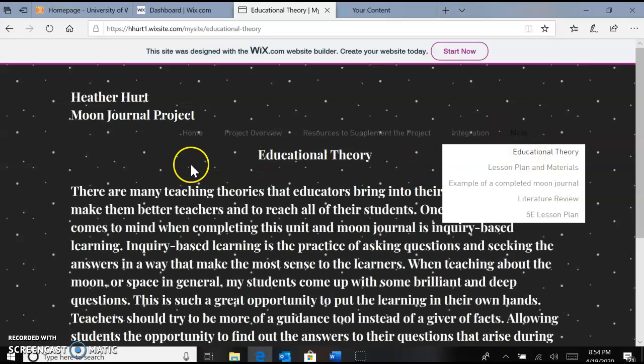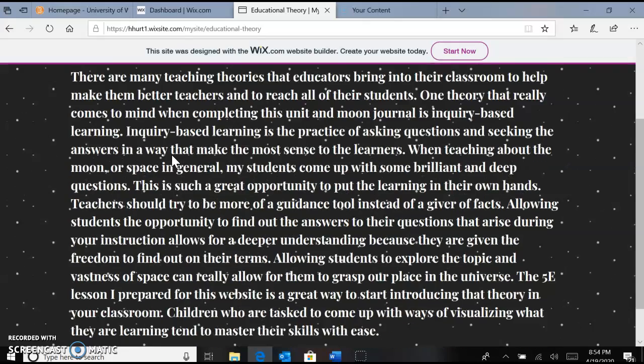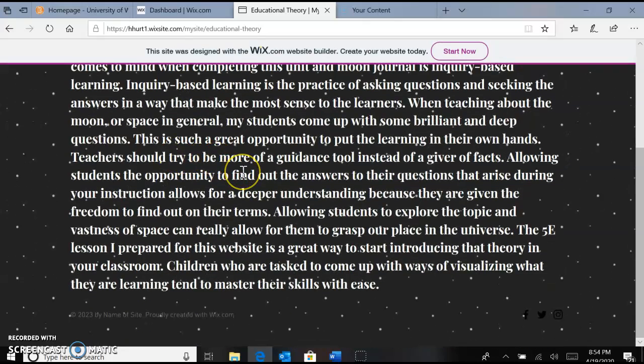So for educational theory, I thought that for my project in this unit, inquiry-based project learning would be the best theory for this one. Like when teaching about the moon or space in general, my students come up with just some really amazing questions. And so this would be a great opportunity to put the learning into their own hands.